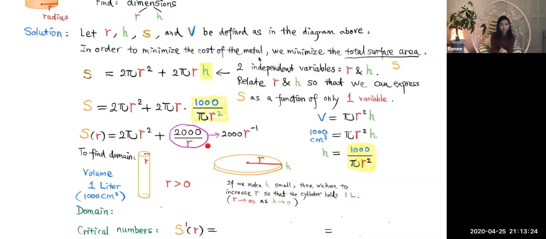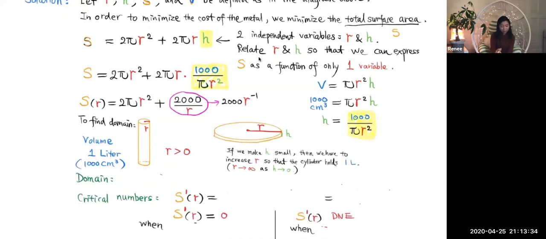So we get that the surface area is now expressed as a function of only one single variable, r. Remember later on, we want to differentiate this to find critical numbers, so it's better that we write this in power form.